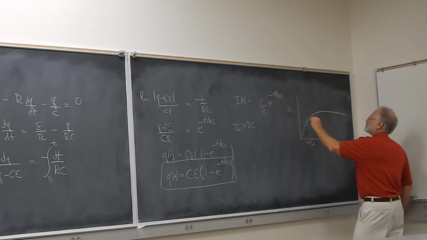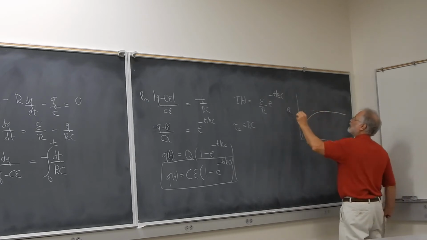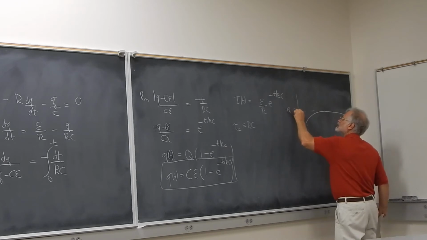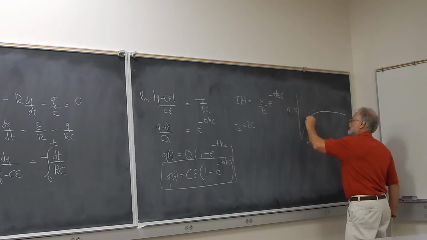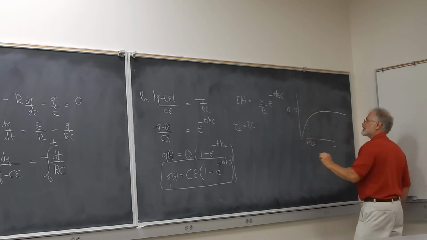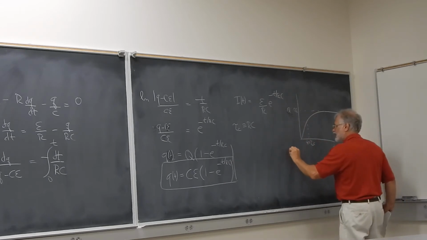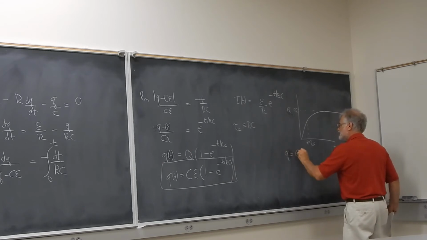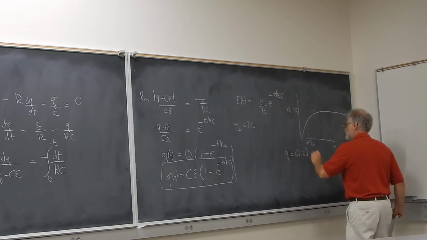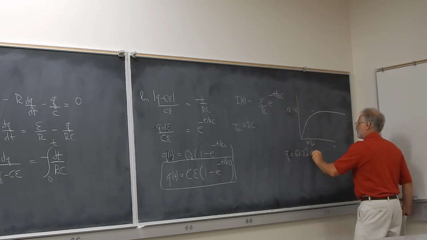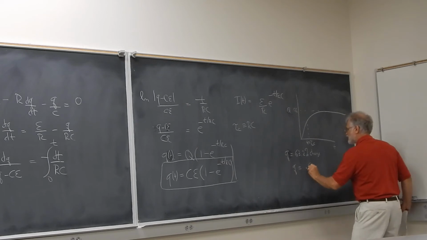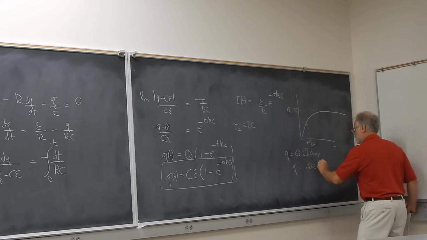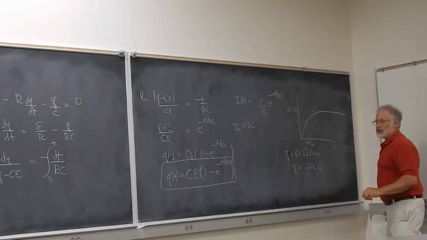We find that at maximum, it's going to be C times E. When the time is equal to the time constant, the capacitor is 63.2% charged. So we can say that Q is equal to 0.632 times Q max, or C times E.